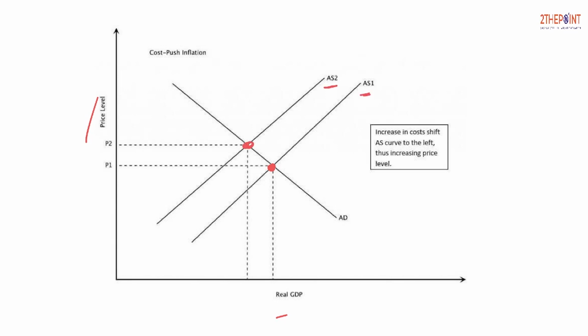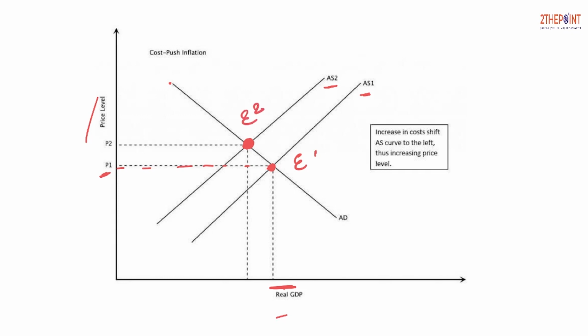A new equilibrium is formed between aggregate demand and aggregate supply. At the first equilibrium level, the price was this and the quantity demanded, or the GDP, was this. We'll refer to it as E1, and the new one is E2, due to the change in circumstances.